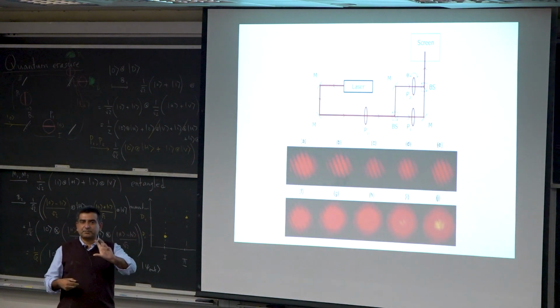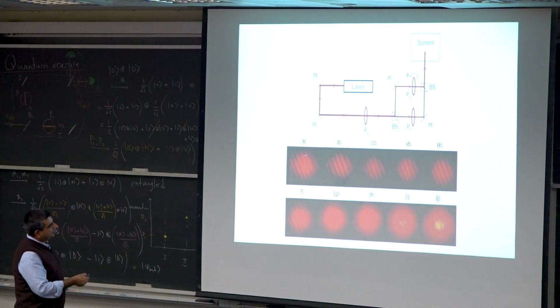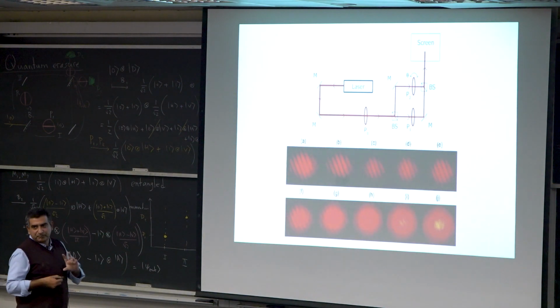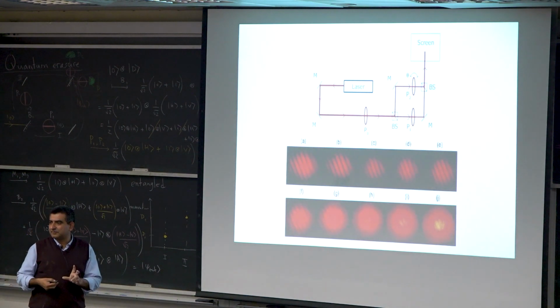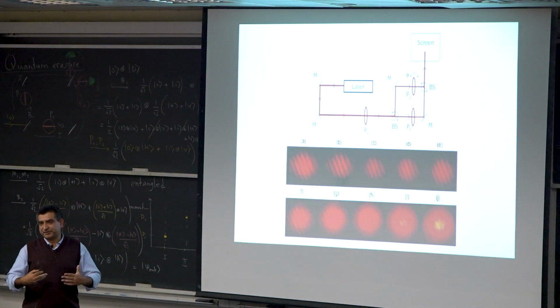When the two polarizers are parallel, I will get strong fringes. Scenario A is when both the polarizers are parallel. When they are parallel, I do not have which path information and strongly visible fringes come about.